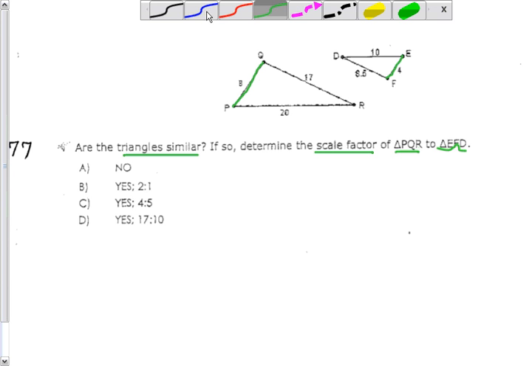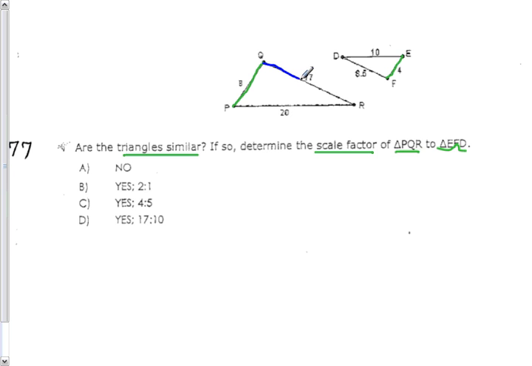Let me change to a blue marker here for the next one. So now we want to look at Q and R. This is the second and third letters, so I will draw Q to R in blue, and the second and third letter here would be F to D. And if it holds true, then this larger one should be 2 times larger than the smaller one if it is a similar triangle.